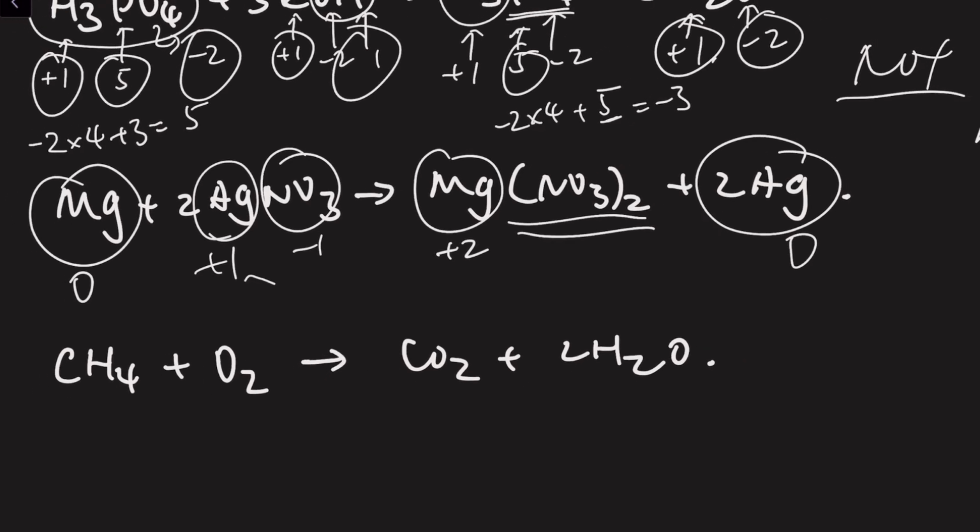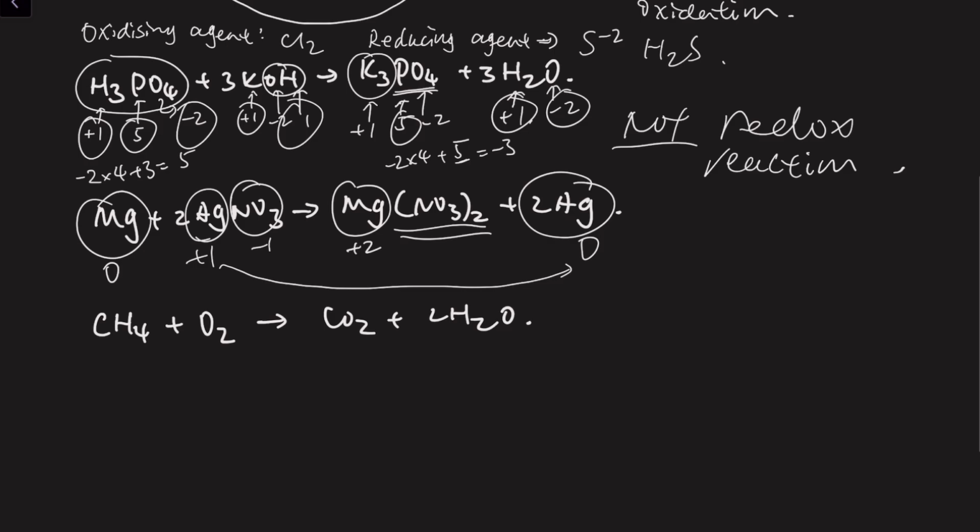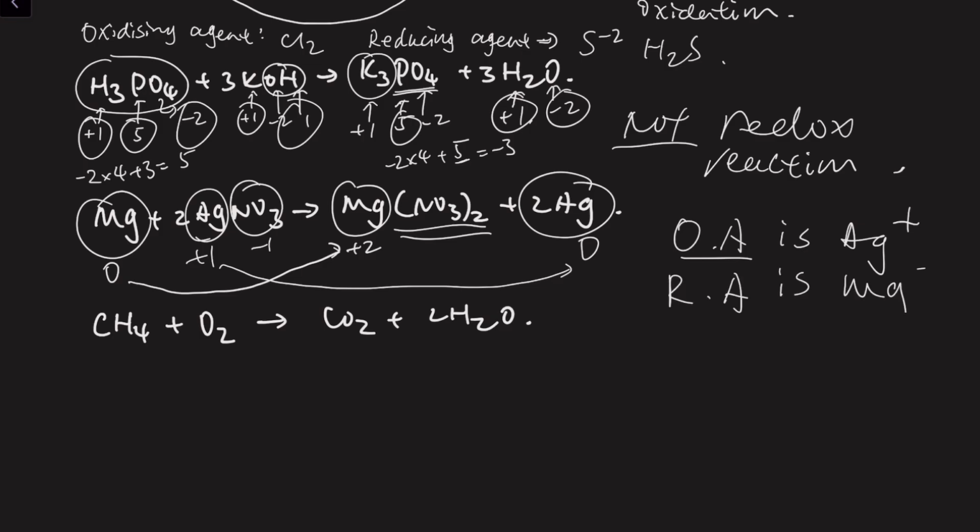So we have a decrease of oxidation number for silver, which means it is getting reduced. Hence, the oxidizing agent is the silver ion. Increasing oxidation number for magnesium, it is getting oxidized. Hence, it is the reducing agent. Reducing agent, magnesium.